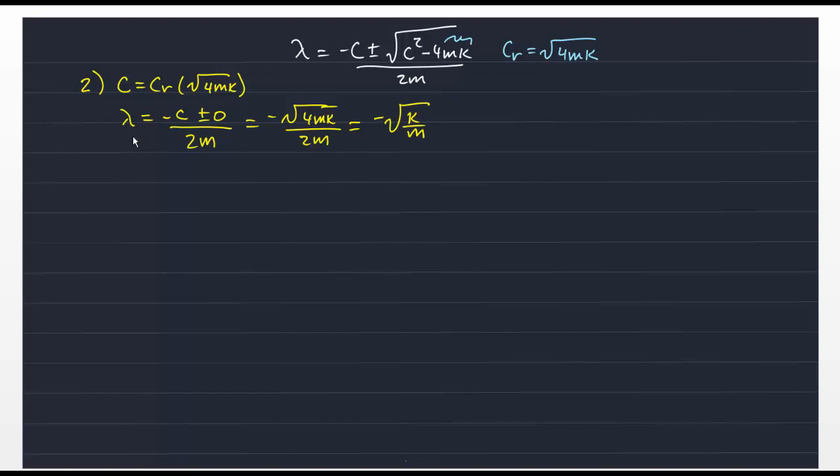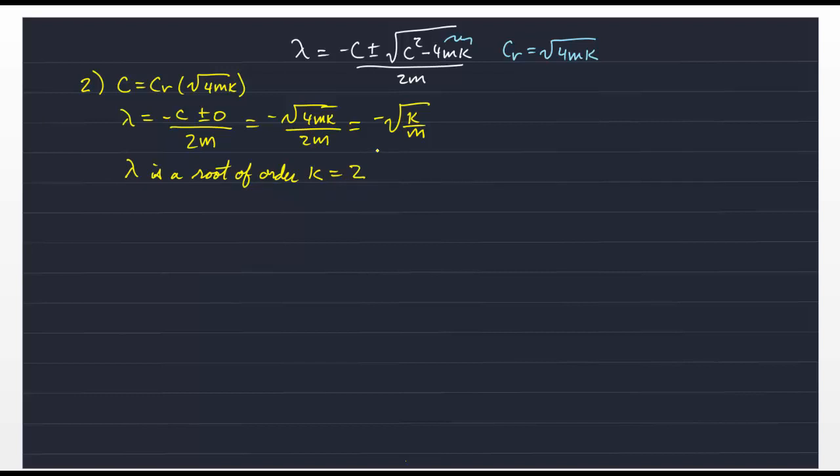So in this case, we have only one root for lambda, one value for lambda, and so we therefore know that lambda is a root of order k. And k is equal to 2 in this case because it's a second order differential equation.